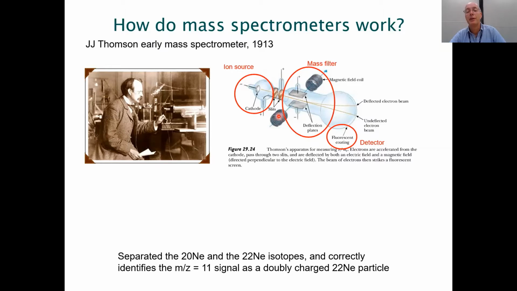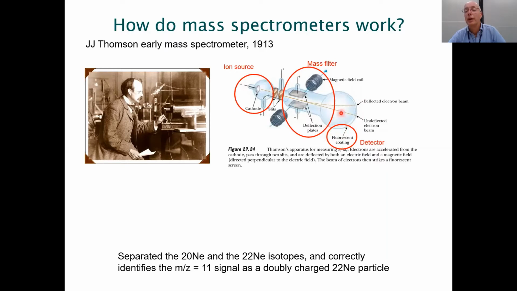These magnetic coils will generate a magnetic field, so it can be bent in that magnetic field. These electrical deflection plates will generate an electrical field, and it can be bent in the electrical field. And then the detector is simply a fluorescent coating on the inner surface of this partially evacuated tube.